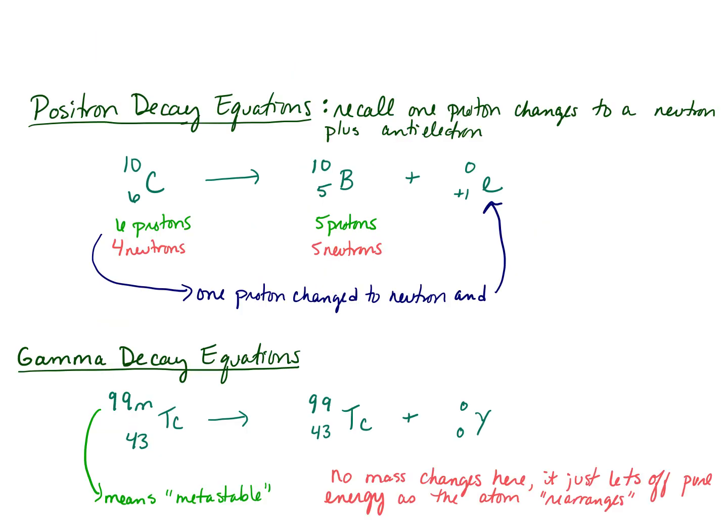Positron decay. So let's say that again, we have carbon 10. Positrons have 0 up top. This number's not going to change. Everything stays the same. But since what we're doing is that we're taking one proton, and that's going to change to a neutron plus an anti-electron, that just thought is crazy, but that's exactly what's happening here.